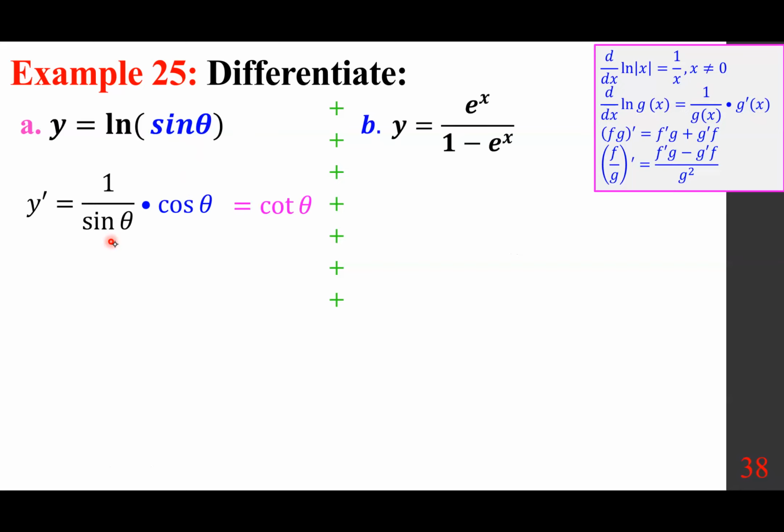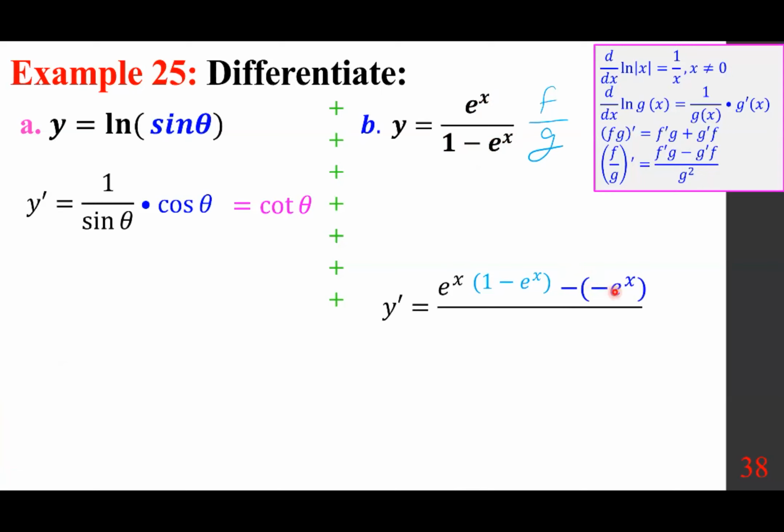y equals e to the power of x over 1 minus e to the power of x. We are going to use the quotient rule. Therefore, I'm going to call this f over g. I'm going to use f prime g minus g prime f over g squared. So f prime is e to the power of x itself times the bottom, 1 minus e to the power of x, minus g prime, minus the derivative of e to the power of x, which is itself but has a negative sign in front of it, so it remains.